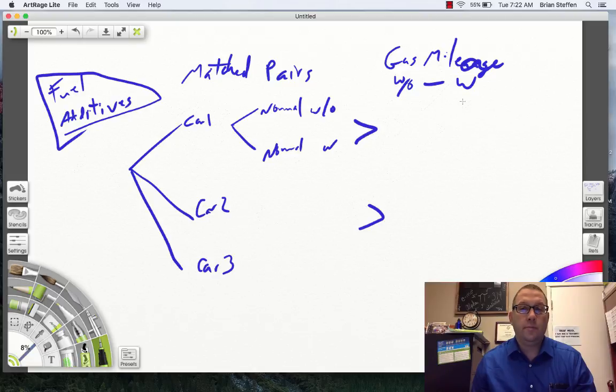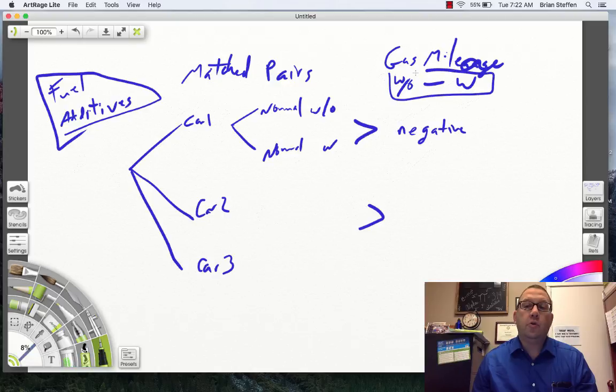Without is 30, with is 32. If the additive is doing what it's supposed to do, these differences should be negative numbers, so we're desiring a negative value. A lot of times you get to choose which one minus which. If you're ever given a choice, make sure you write down what you're doing. I can't assume that I know what you're doing.